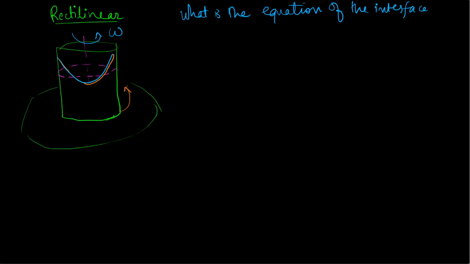It is important for us to acknowledge that this problem is axisymmetric, meaning if I draw a 2D diagram of this, and if this is the interface shape, I can choose a coordinate system, something like this. This can be r and this can be z. And the theta angle does not appear in our problem.